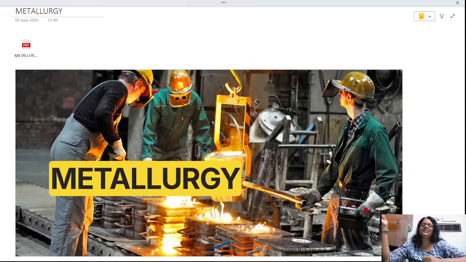Then we dealt with their chemical properties. Metals reacted with different reagents like oxygen, water, acids, and salt solutions, other metal solutions.